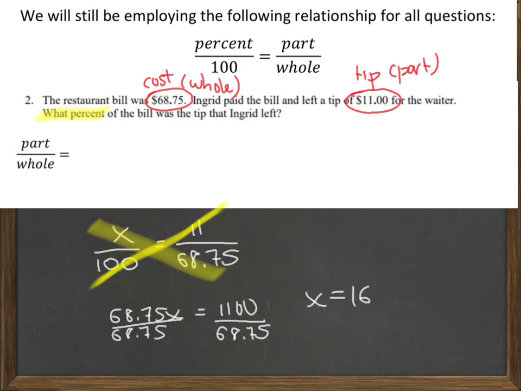However, remember, this is a little bit of a tricky problem, because we're not asked what value, but what percent. So our answer isn't complete until we put a percent sign after 16. So the question is, what percent of the bill was the tip? The answer is her tip was a 16% tip. So not $16, because she left $11, not $16, it's 16%.